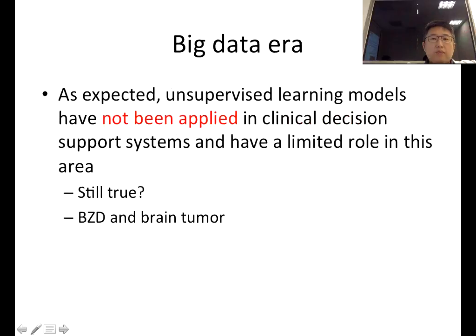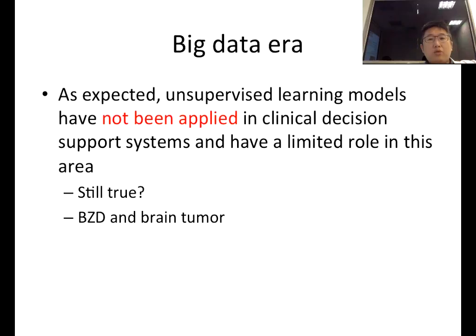So in this chapter they say unsupervised learning models have not been applied in clinical decision support systems. I put a question mark here. I think it's still true, but right now we apply a lot of unsupervised learning methods.